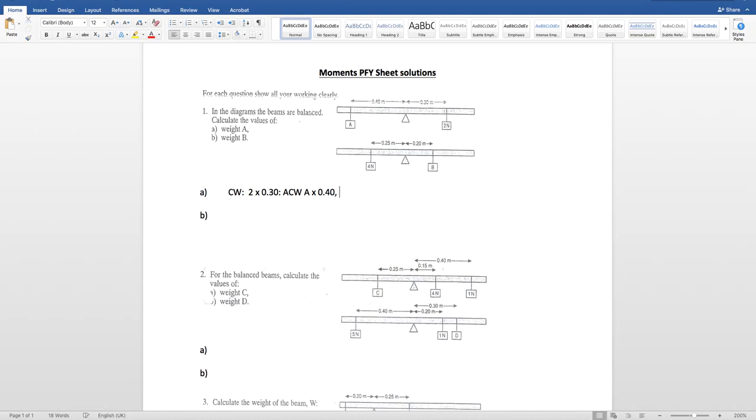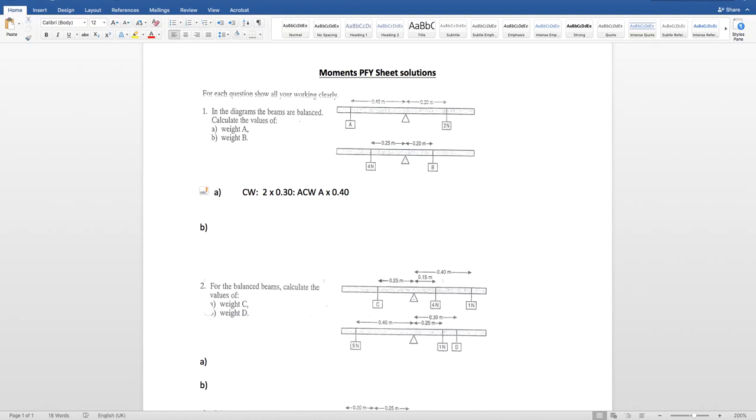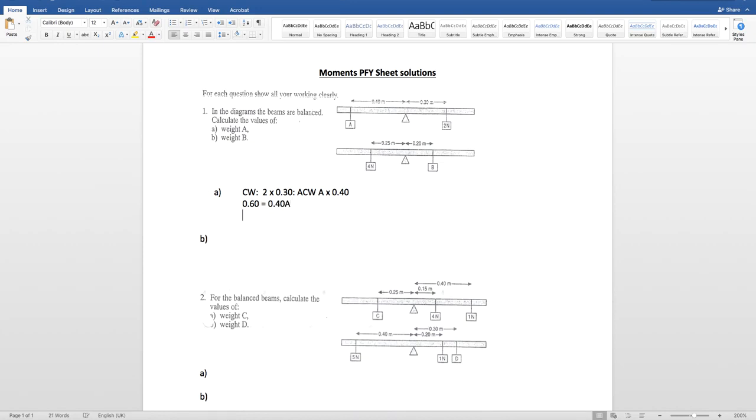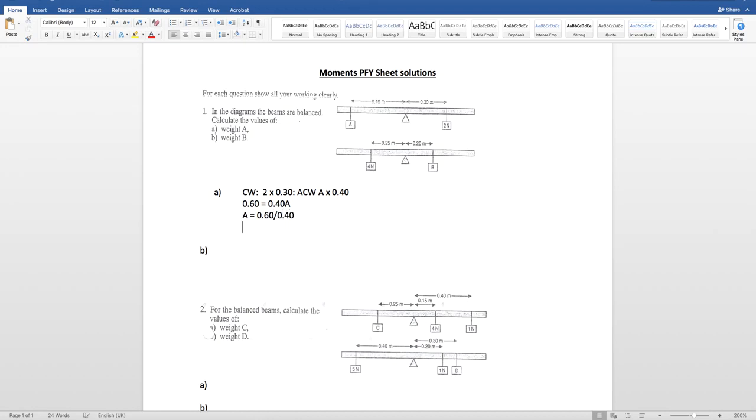So we have 0.6 equals 0.40 times A. So A equals 0.60 divided by 0.40, which means A equals 6 over 4, 1.5 newtons.